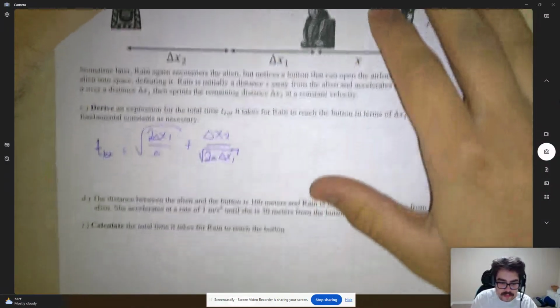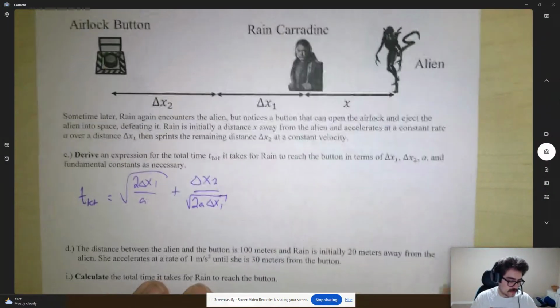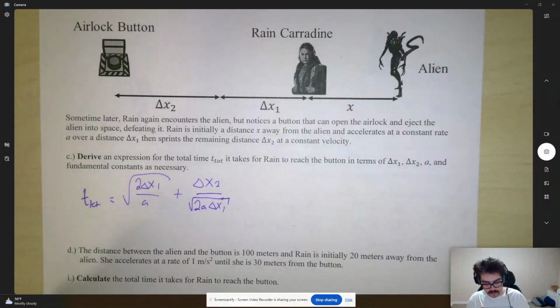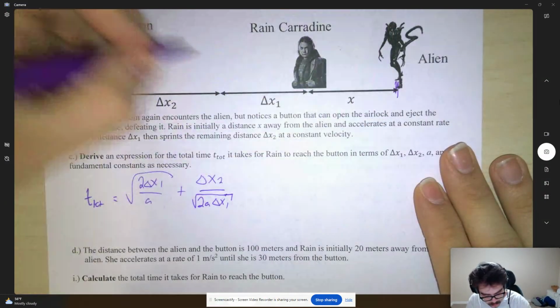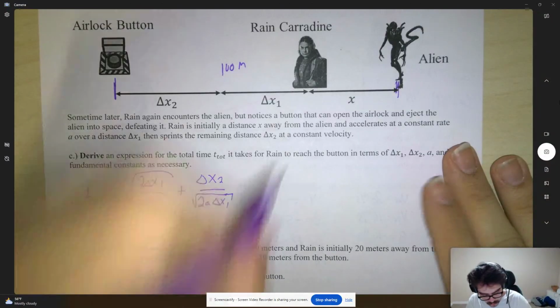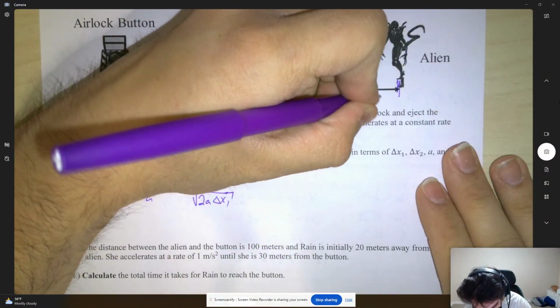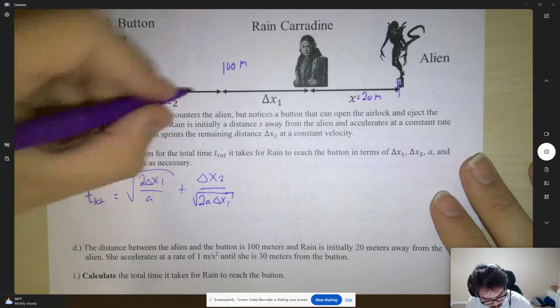The distance between the alien and the button is 100 meters, and Rain is initially 20. So let me label these on the diagram. The entire length here is 100 meters. Rain is initially 20 meters away from the alien, so this is 20. She accelerates at a rate of 1 meter per second squared until she is 30 meters from the button.